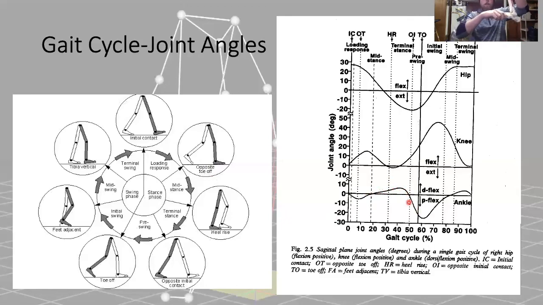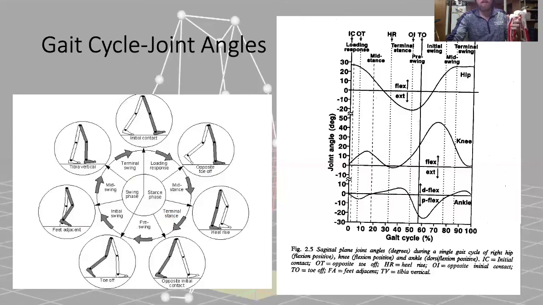So you've rotated a little bit, and then you've recovered, plantar flexion, toe off, right? Then we recover, and we go back into feet adjacent. And in order to clear the ground, if your toe was dropped, your toe would hit the ground. You're going to have to come into some dorsiflexion again, land on the ground, and it starts all over again. Do that for every single joint, right?